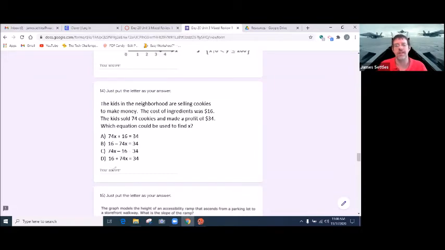The other ones were the profit questions, and usually the profit questions had all these equal 34s. I can see right here, the profit is 34. There was a trick that we taught you guys, and it had to do with cost and expenses.